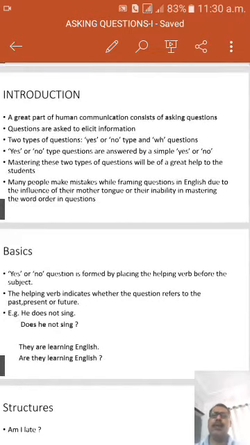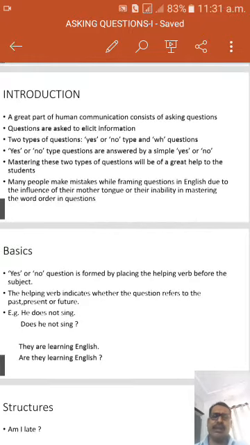Many people make mistakes while framing questions in English due to the influence of their mother tongue. Generally, mistakes happen in framing questions. These mistakes are due to the influence of mother tongue, the Telugu language. So, we have to overcome this influence of mother tongue.